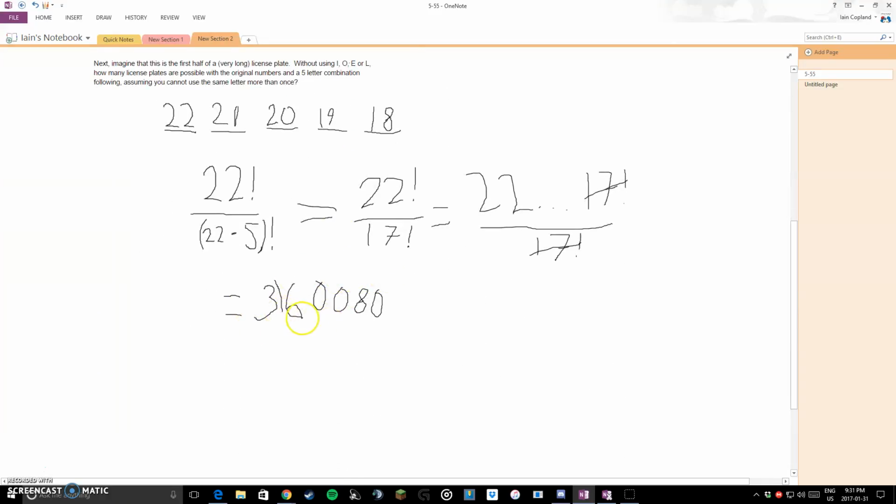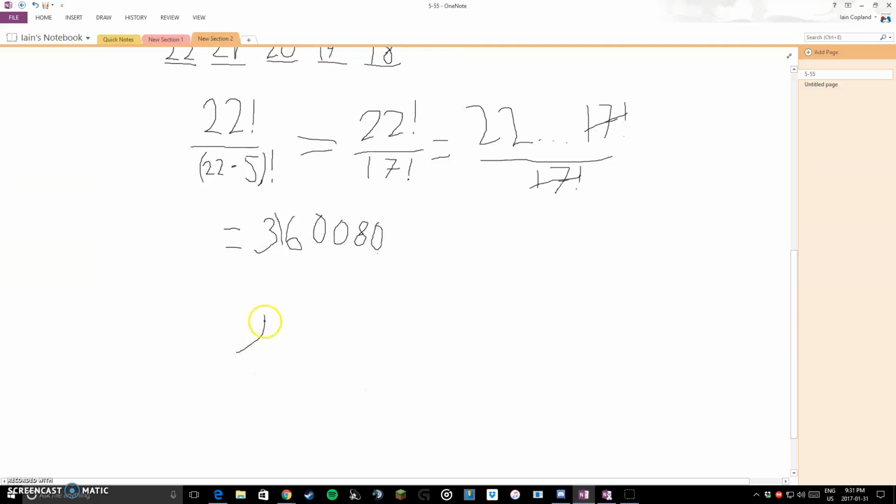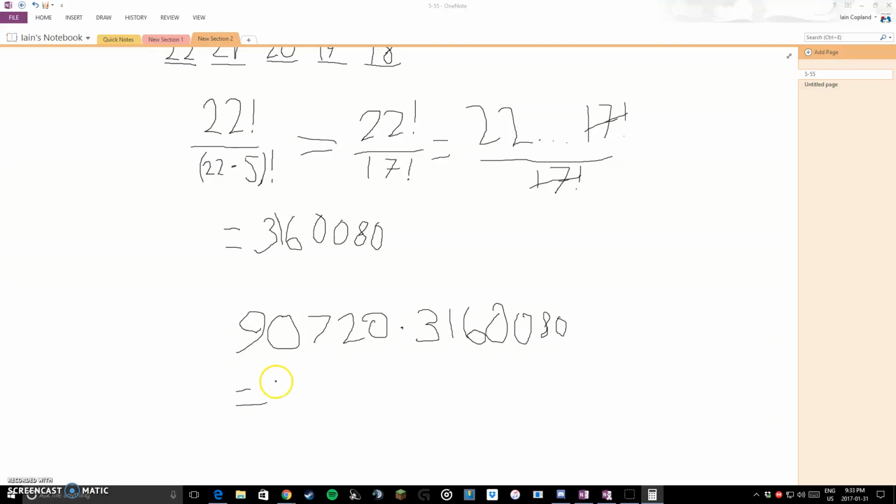so we also need to multiply this number by this number, or 90,720 times 3,160,080, which gives us an answer of 286.